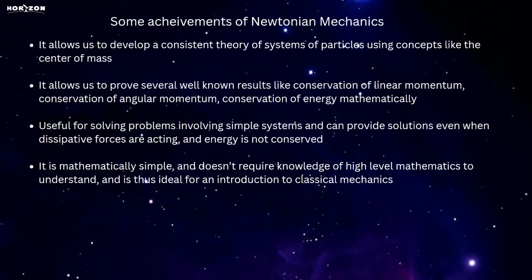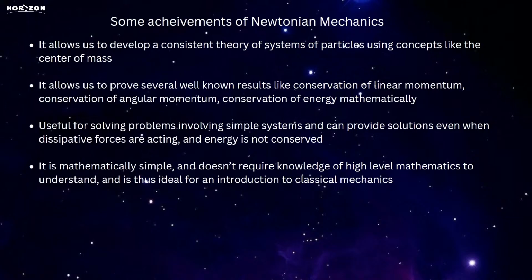Newton's second law can be written in the momentum form as F equals dp by dt, where p is the momentum of the particle. If net external force is 0, then dp by dt is 0. That is, the rate of change of momentum with respect to time is 0, so the momentum is not changing with time. The momentum stays constant, and that is what conservation of linear momentum is about.